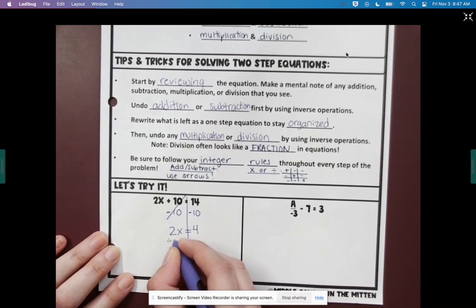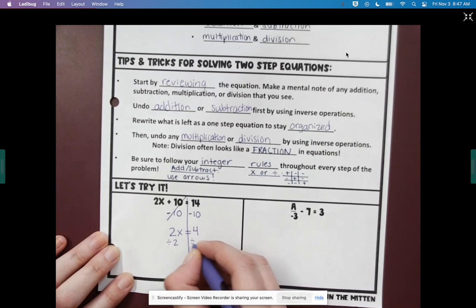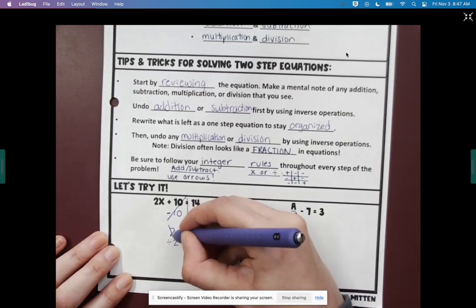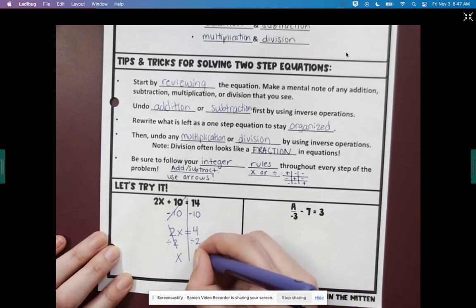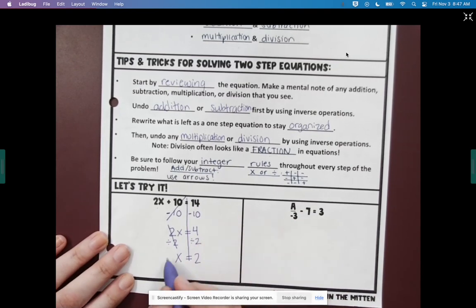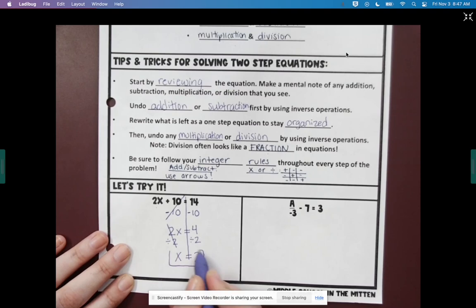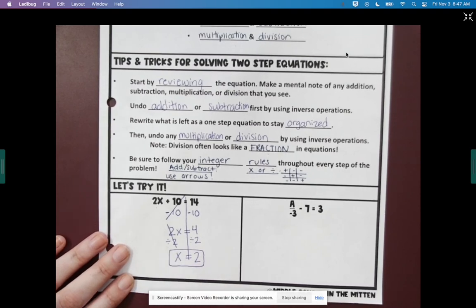So I'm going to divide by 2 on both sides. Those cancel out to one singular x. 4 divided by 2 is 2. So my solution is x equals 2. And we could plug it back into the equation if we wanted to check. 2 times 2 is 4. 4 plus 10 would be 14. So my answer is good.